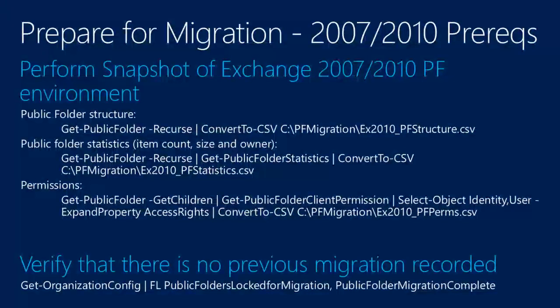From this snapshot, we want to get a listing of all of the public folders that exist on your 2007 or 2010 side, so that when we go across to the modern public folders at the end of our migration, we can check to see if there are any issues, maybe something didn't come across correctly, and compare that. We can also gather our public folder statistics, which will get us information about item sizes, etc. And also permissions, just in case, in the very rare instance, I haven't heard of any yet, knocking on wood, that permissions don't come across for a public folder.